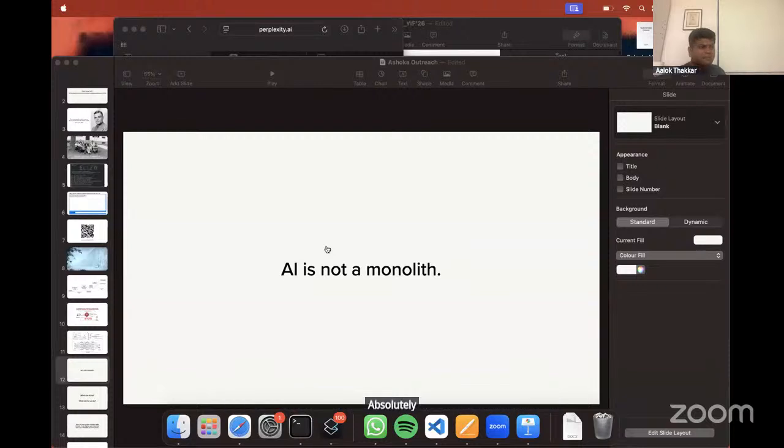Absolutely. See, there are many cases where you would make a decision even though it doesn't depend on what the tool says.